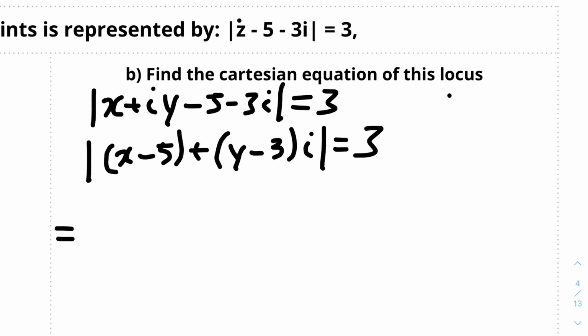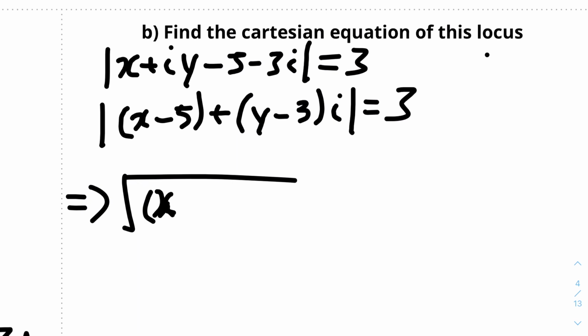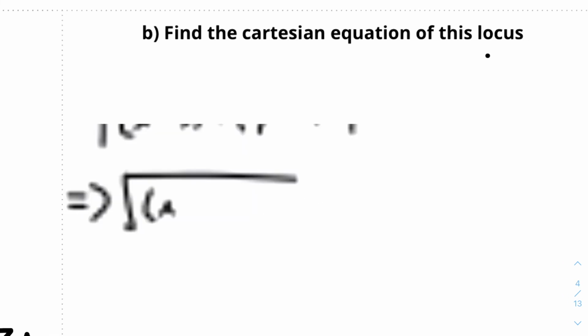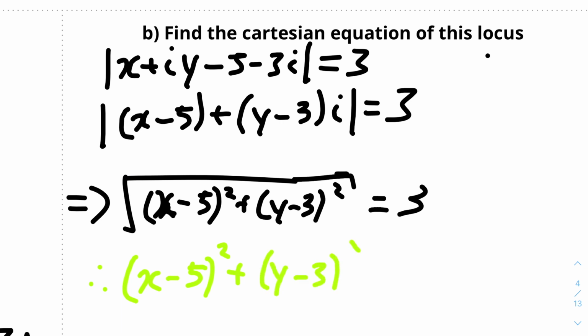So it will be the square root of (x minus 5) squared plus (y minus 3) squared equals 3. Therefore, you can just reverse the whole thing by squaring both sides, and this gets us (x minus 5) squared plus (y minus 3) squared equals 9, like so.